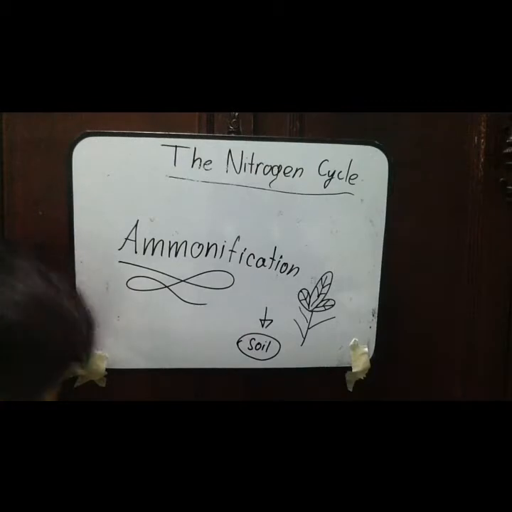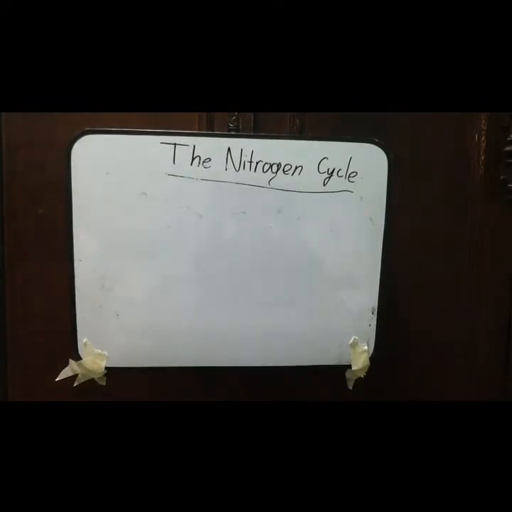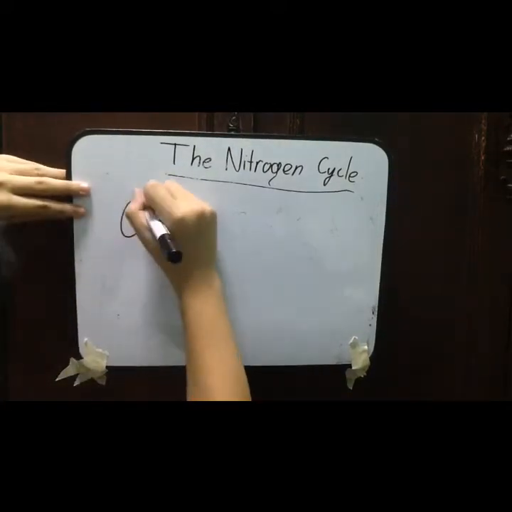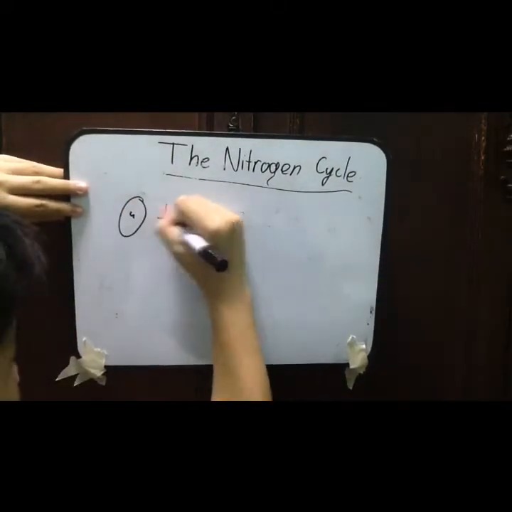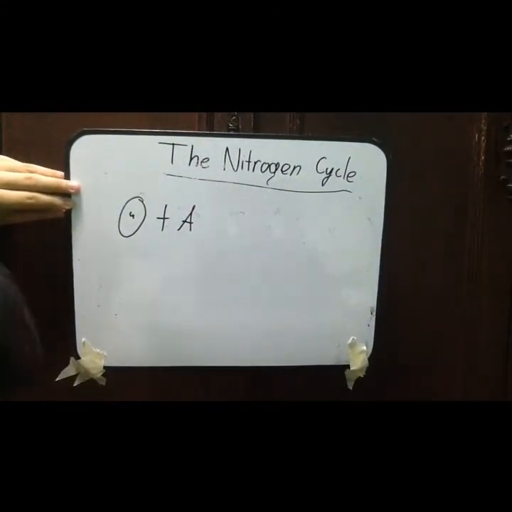After ammonification, the remaining ammonia in the soil goes to the third process, known as nitrification. Nitrifying bacteria in the ground combine with ammonia to form nitrites.